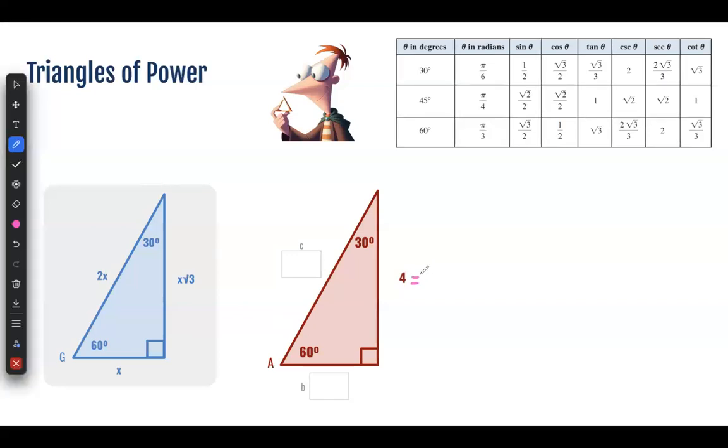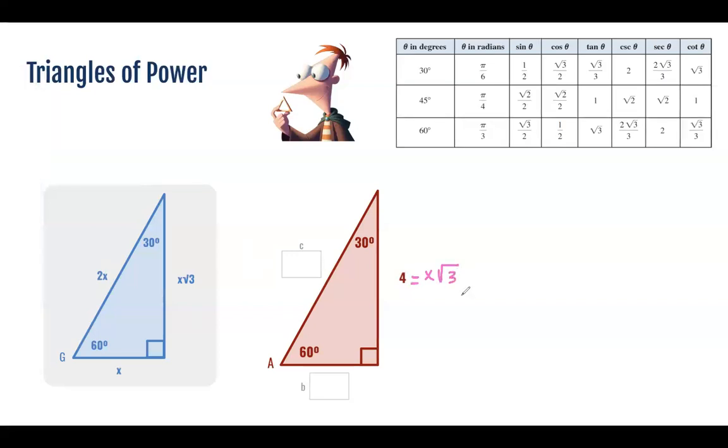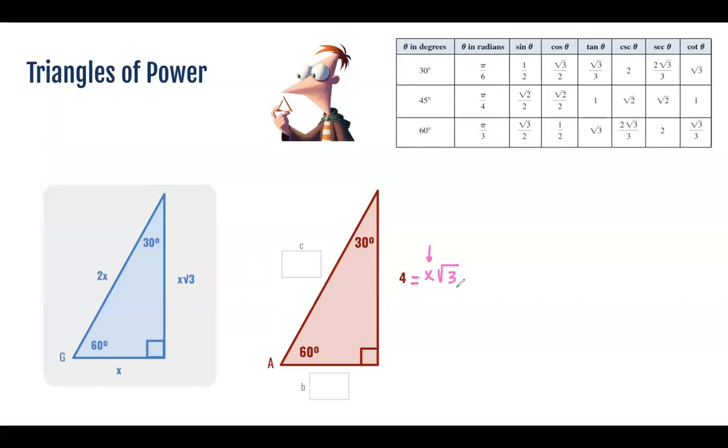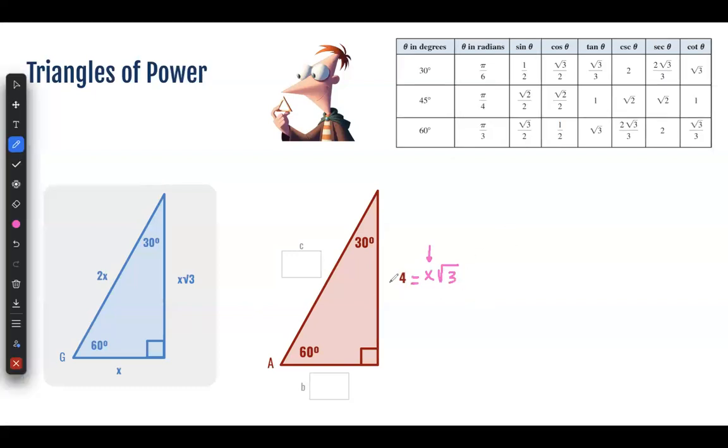If this has to be equal to x times the square root of 3, we're not going to be able to tell just by looking at it, because what number when multiplied by the square root of 3 gets you 4? Well, we can try to figure that one out by solving for x. And we're going to have 4 divided by the square root of 3 equals x.